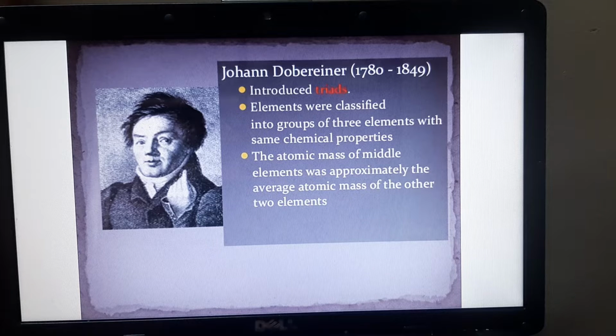So groups of 3 elements he took which had similar properties, and he arranged them according to their atomic masses.